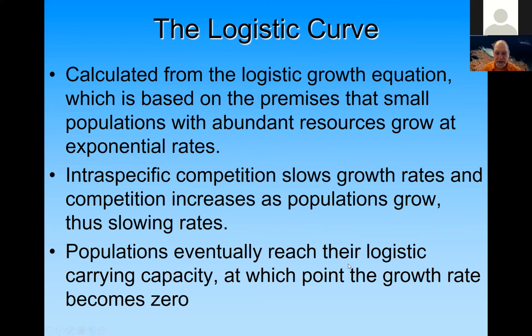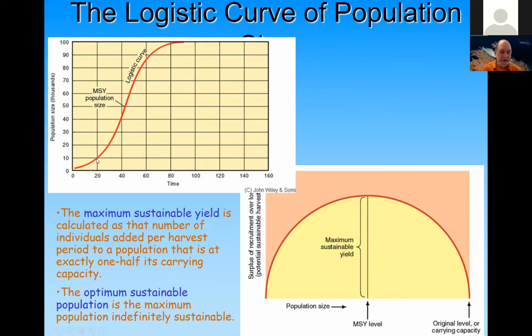So what does a logistic curve look like? Here's a hypothetical logistic curve, and this is being specifically applied to understanding fisheries. The logistic curve says that if we start with a zero population, that population is going to grow and expand.